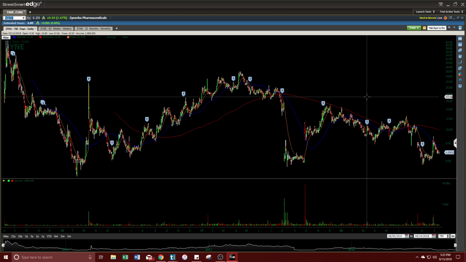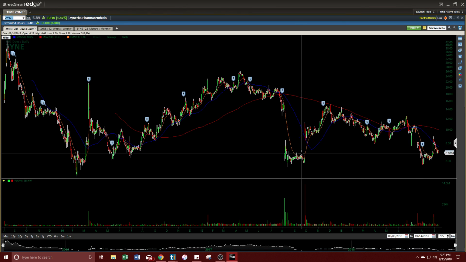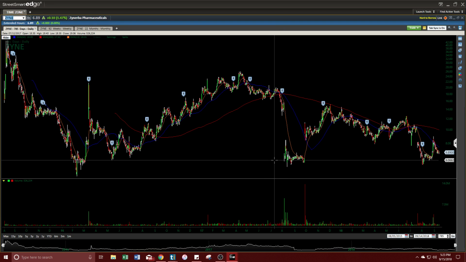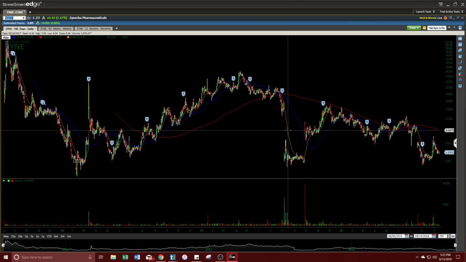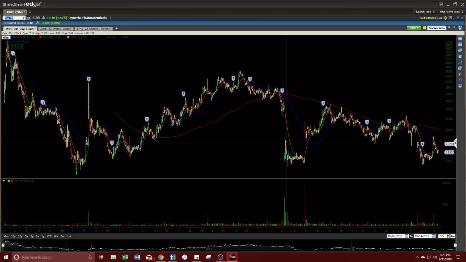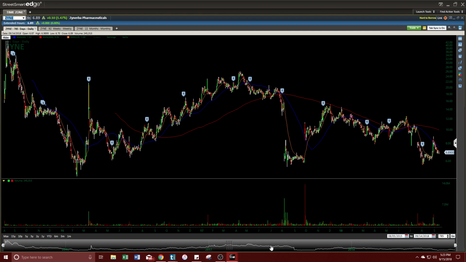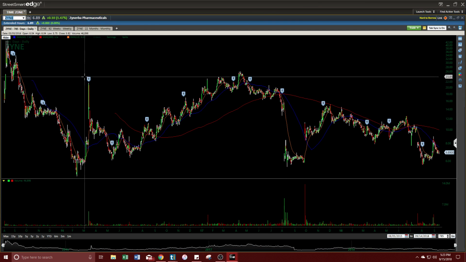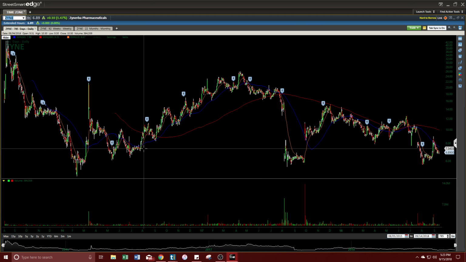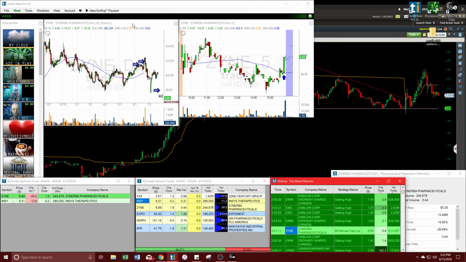So going into ZYNE, when you're looking at the daily chart and you see big drops like this, I see one right here. And if I scroll back, I can't scroll back on this one. But if I go to trade ideas, let me pull this up.